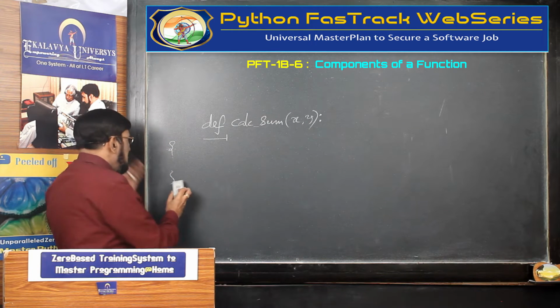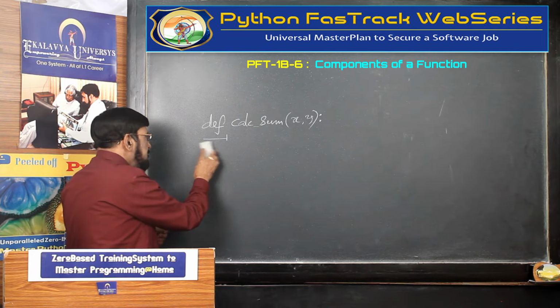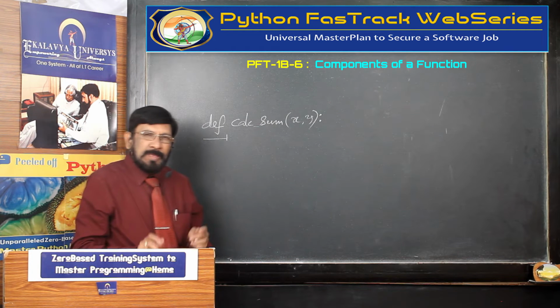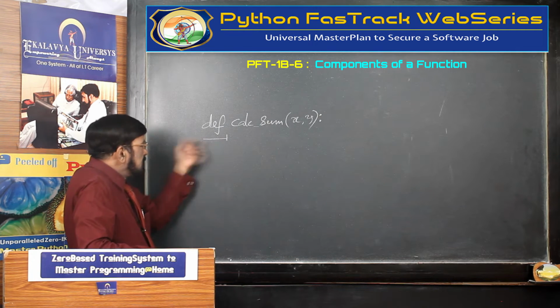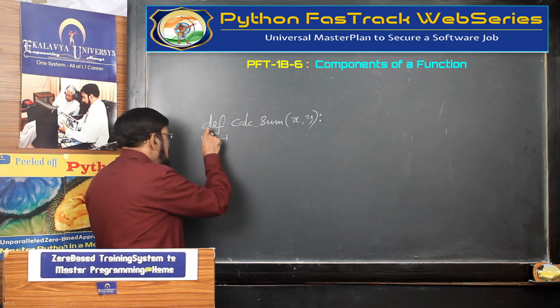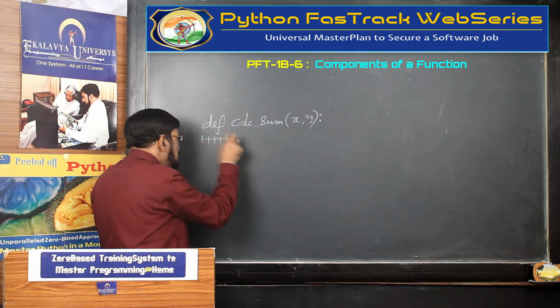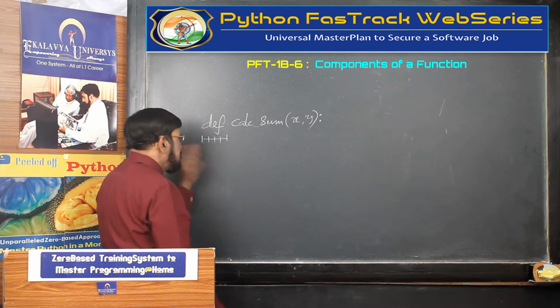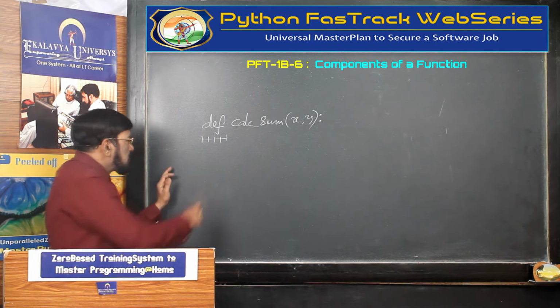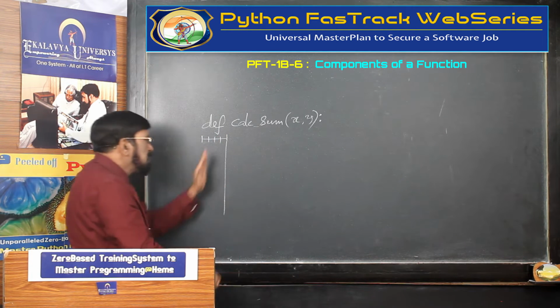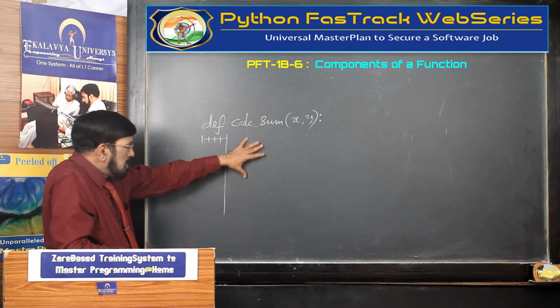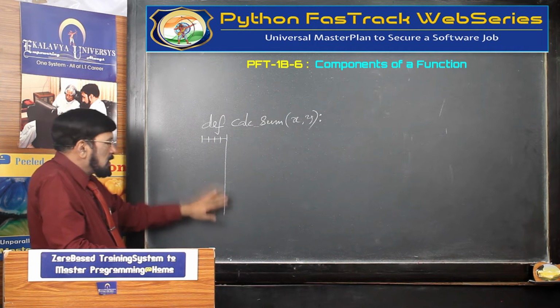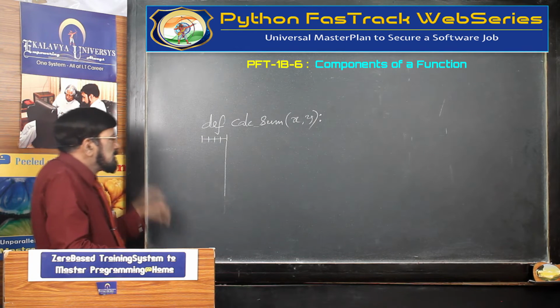Here we don't write. Here the block is created by using indentation. Indentation means 1, 2, 3, 4 spaces. This is a standard indentation. Whatever code you have to write, you write here only. Then you can treat it as being in the block. Whatever code you have written, that is in the block.